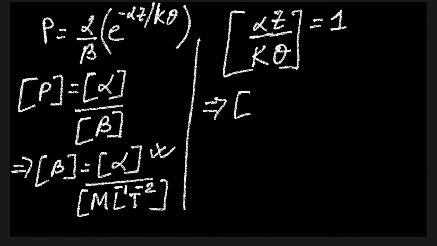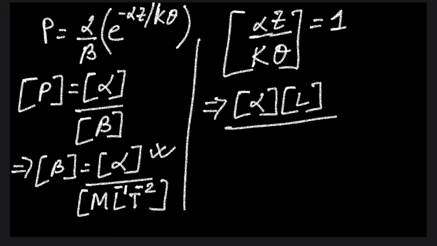Okay, so the dimension of alpha, the dimension of z, z is distance, so length. Dimension of k theta, k is the Boltzmann constant, theta is temperature, so the dimension of k theta will be equal to the dimension of pressure times volume. Pressure is M L inverse T to the power of minus 2 and volume is L cube.